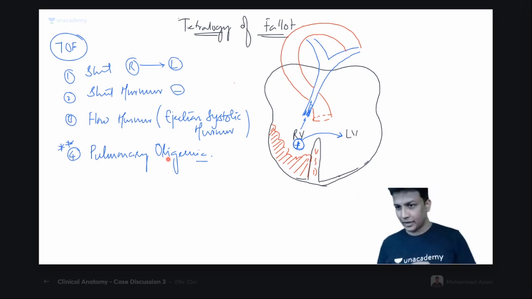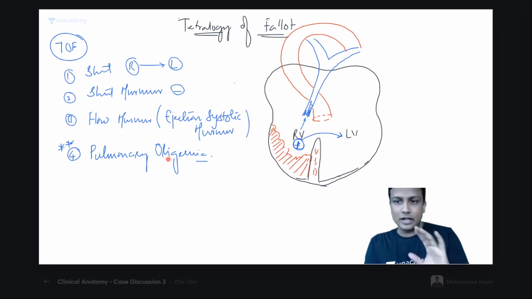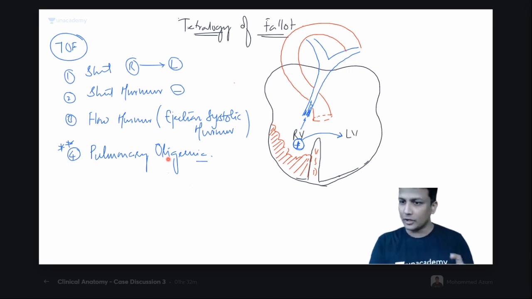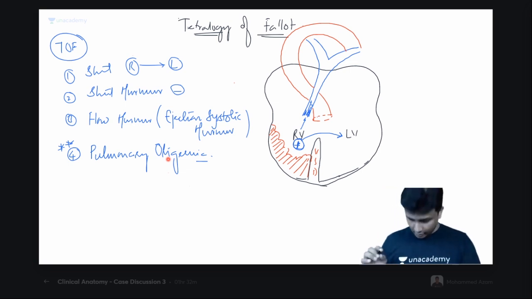Again, many of you are answering no. I am not talking about before birth, not intrauterine life. Delivery has occurred, and the baby has been born. I am asking about day 0: will this baby have cyanosis or not? Now I will tell you.